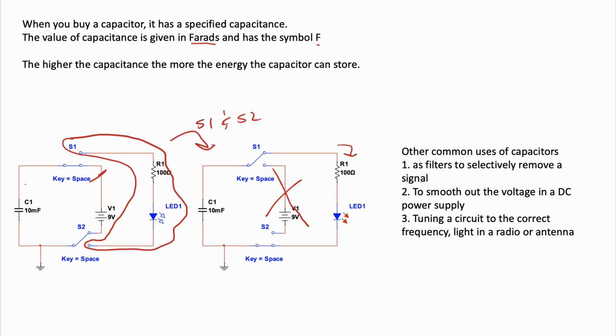You know, when you have a laptop and there's this brick outside that you plug into the wall, it has to take the AC voltage coming from the wall and make it into DC voltage for your computer. And so, to make it very smooth DC voltage, it'll have capacitors in it. And then if you have like a radio or antenna or something like that, those are used to actually tune it to the correct channel or frequency.